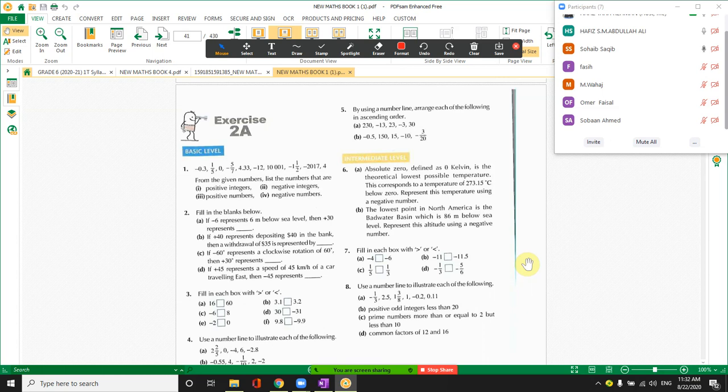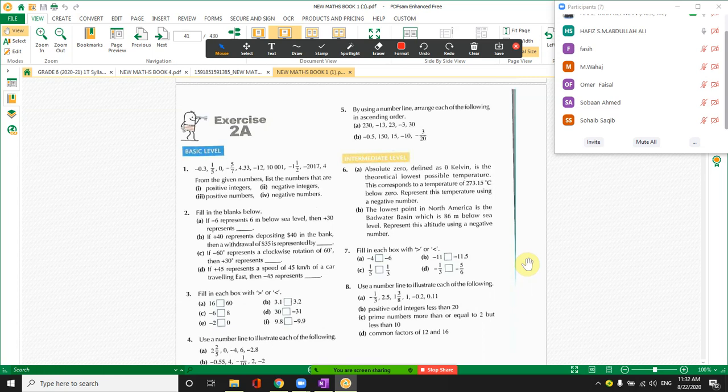1 upon 5 has the greater denominator. 5 is greater than 3. So which fraction has the smallest denominator? 1 upon 3. Because their numerators are similar, the value with the smaller denominator would be the greatest value.